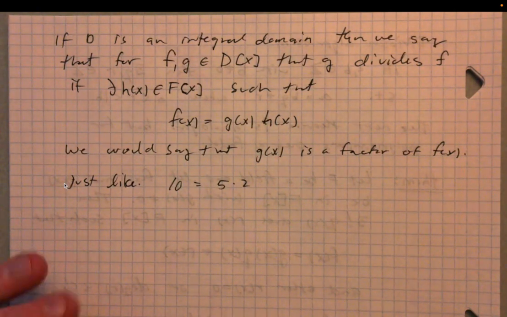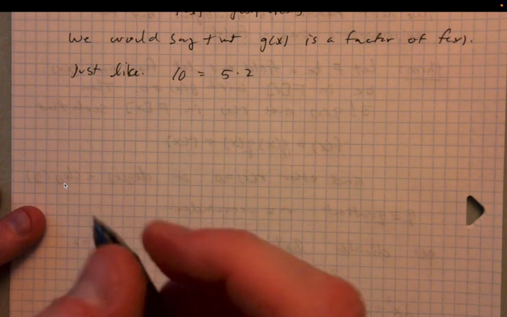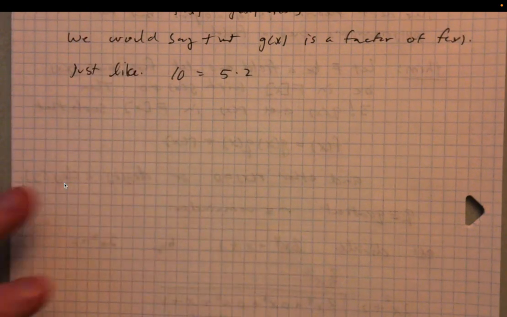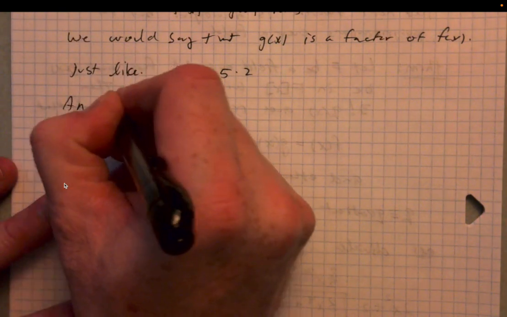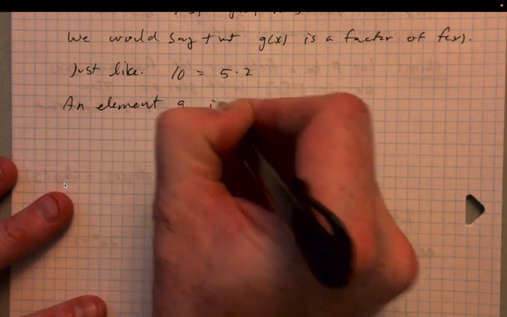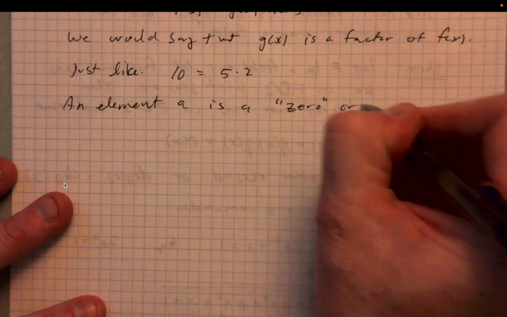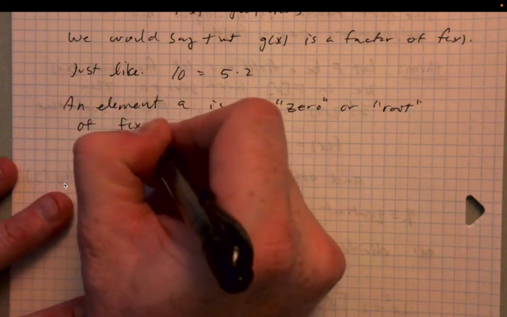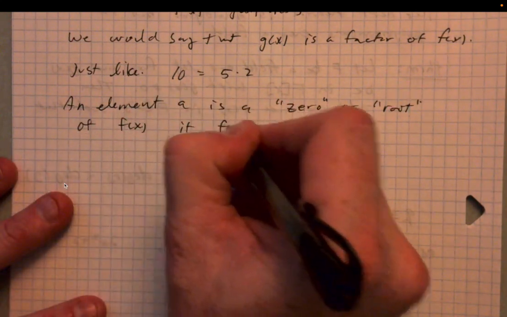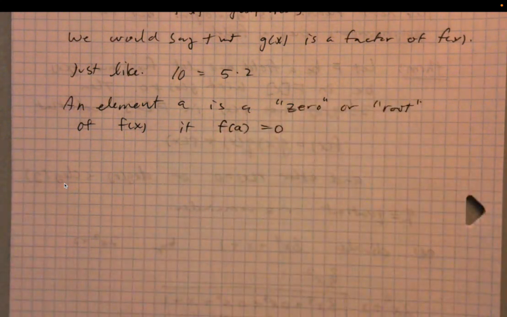Okay, so we're headed towards something here, so we're bringing up some things that we've seen in the past and trying to think them through a little more from the ring theory perspective. So we also say that an element a is, we've heard this term a million times, a zero or a root of f of x if the polynomial evaluated at a is equal to 0.